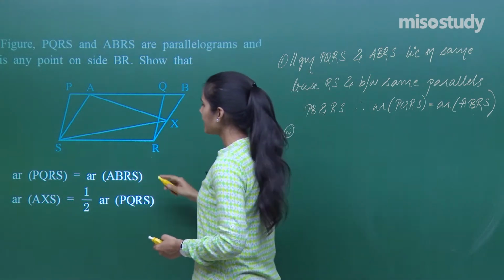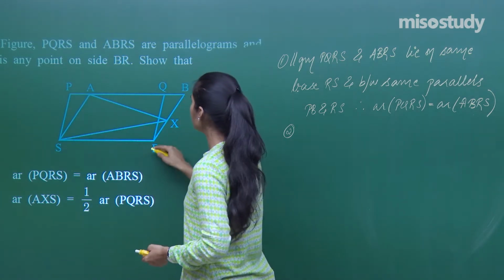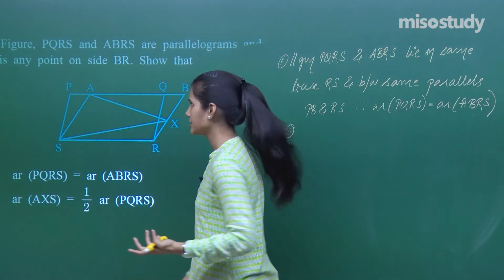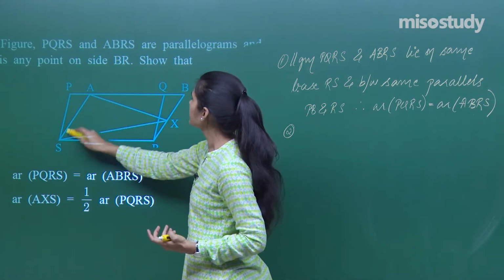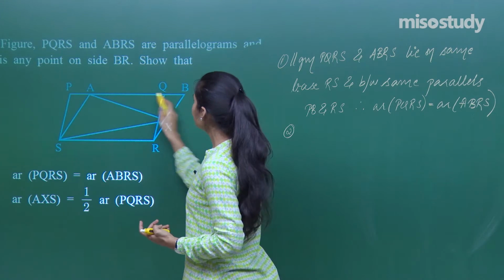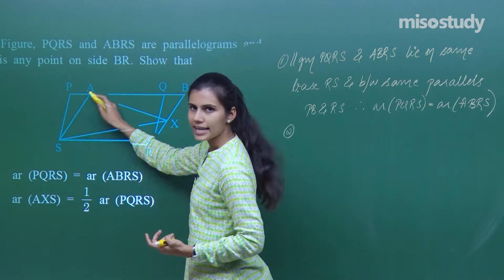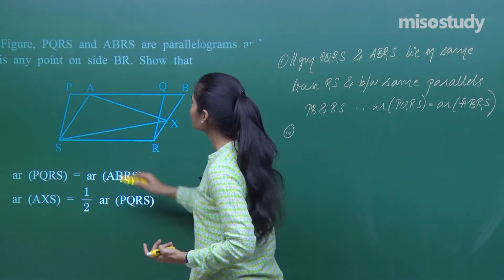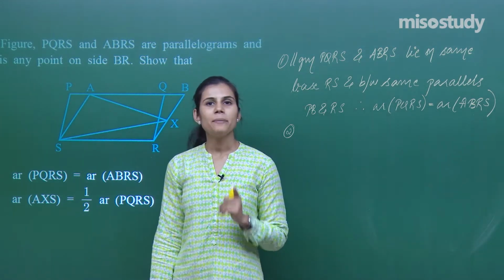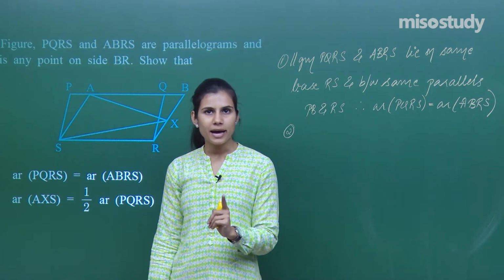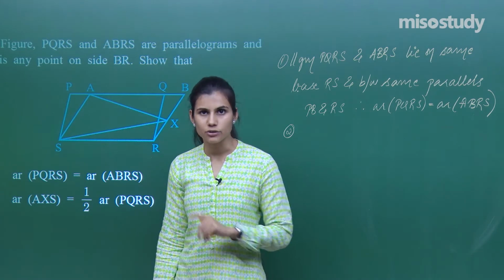Second says prove that area of triangle AXS is half of area of quadrilateral PQRS or parallelogram PQRS. Now if you clearly see, if I talk about the parallelogram ABRS, then ABRS is a parallelogram and the triangle AXS are lying on the same base AS and also between the same parallels AS and BR. A triangle and a parallelogram lying on the same base and between the same parallels make sure that the area of the triangle is half of the area of that parallelogram.